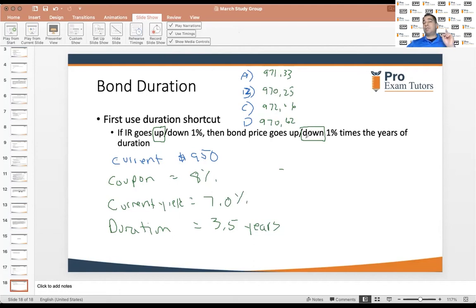So the bond price will go up by 1% times the number of years of duration. So it should go up by about 3.5%, right? Interest rate has gone down 1%, so that means the bond price should go up by 1% times the number of years of duration.